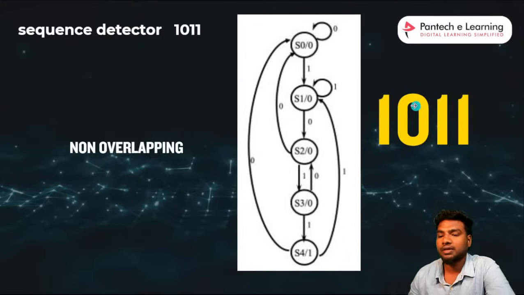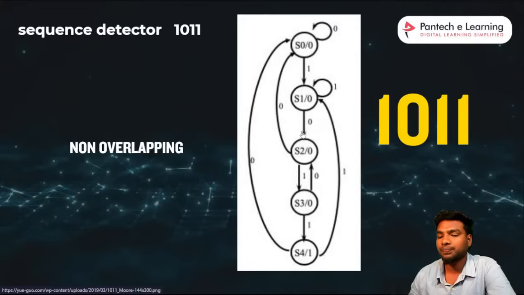Taking the S1 state as an example, if it is 1, it will stay in this state, and if it is 0, it will move to the next state. S2 is storing the 1. If it is 1, it will move here, and if it is 0, it will move to the S0 state.